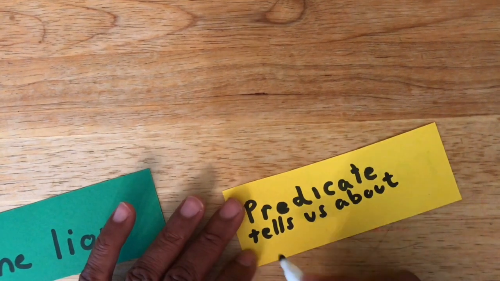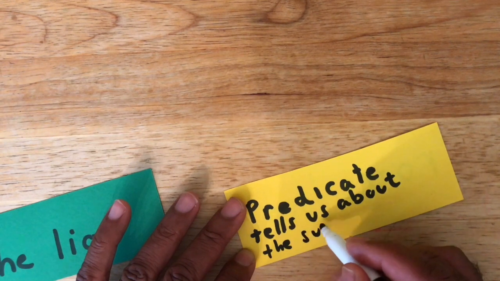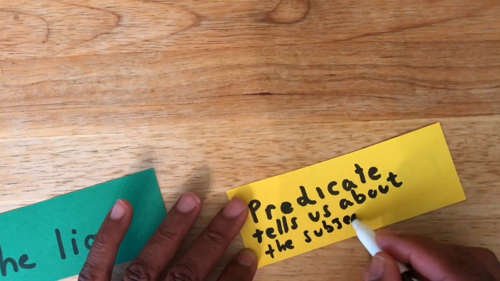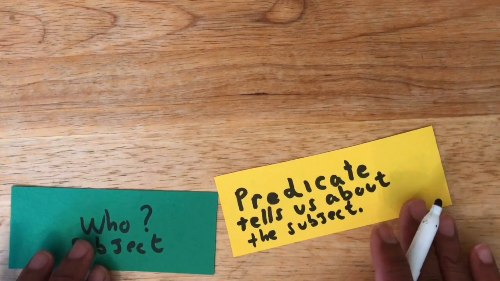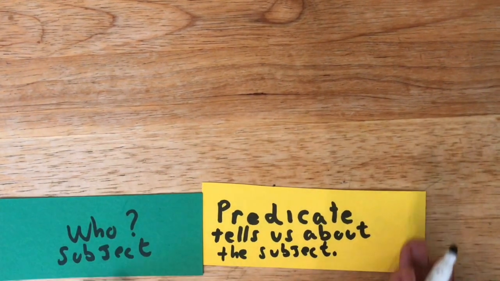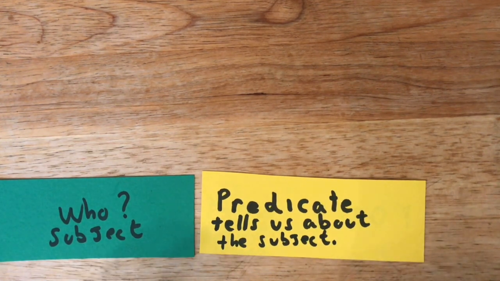That's my predicate. And so I need a subject, a who or a what, and I need a predicate. So a sentence makes complete sense when I have a subject and a predicate, a part that tells us about the subject, and of course we need the subject too.